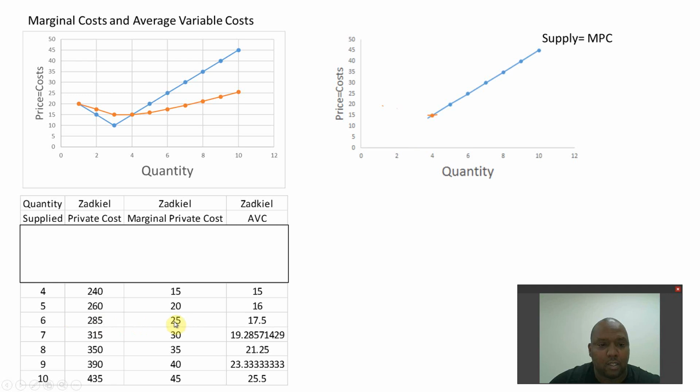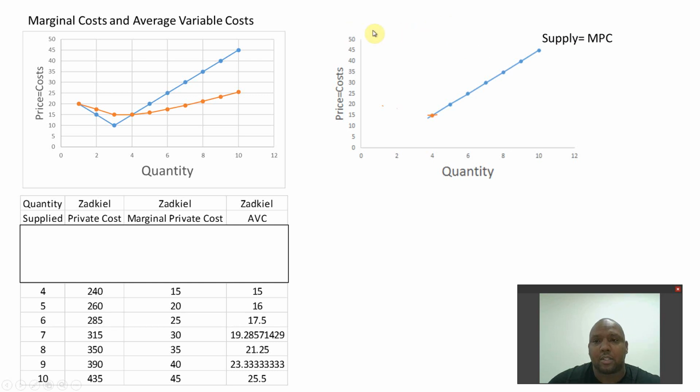The marginal private cost is 25. So the 6 is here, the 25 is there. So what that means is the quantity supplied is equal to the marginal private cost. And you'll see that in your textbooks when they talk about social cost and social benefit, cost benefit analysis. So supply equals marginal private cost there. So that's that. Okay.